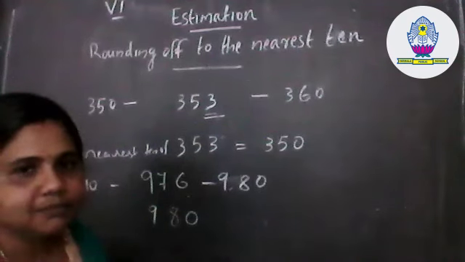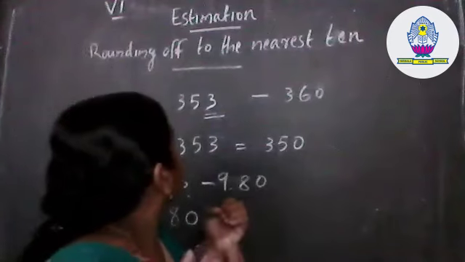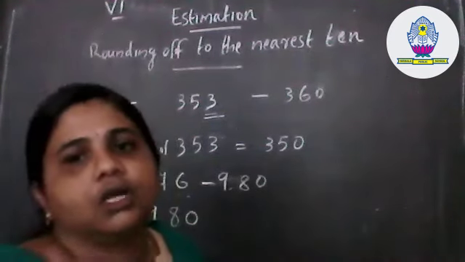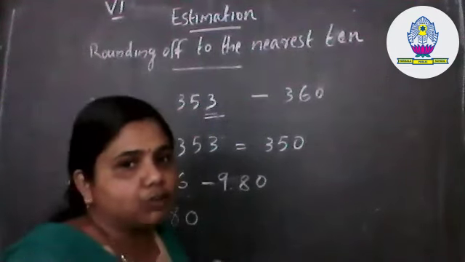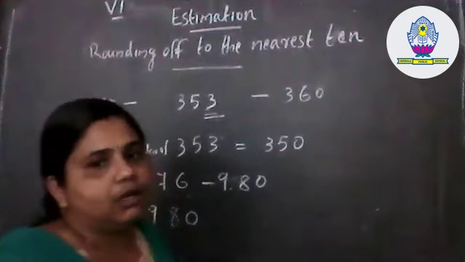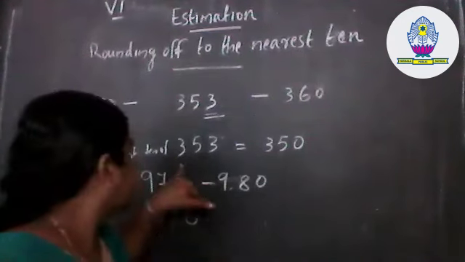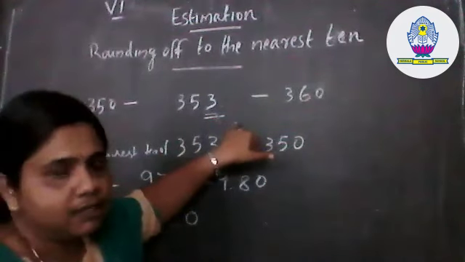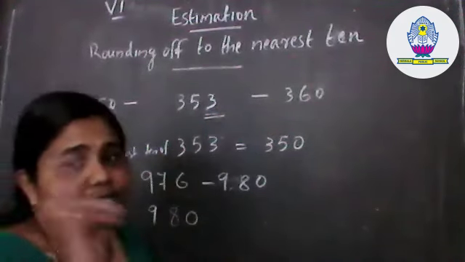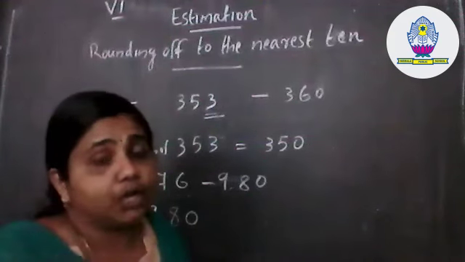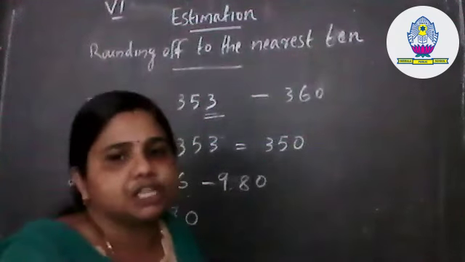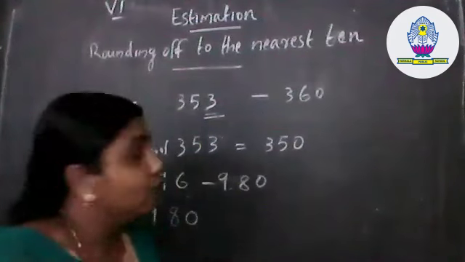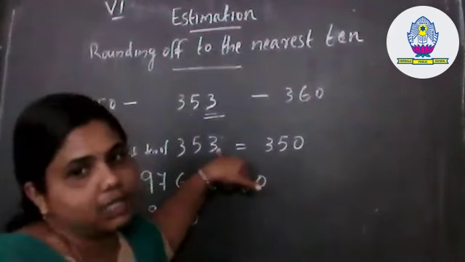Clear? How to find the nearest 10, or how to find the rounding off to the nearest 10. If we have a number, here 353 is a number, first we consider the last digit, or the digit in the ones place. നിങ്ങൾക്ക് rounding off to the nearest 10ലേക്കാണ് മാറ്റാൻ ചോദിക്കുന്നതെങ്കിൽ നിങ്ങൾ എപ്പോഴും ones place ഉള്ള നമ്പറിനെ ആയിരിക്കും ശ്രദ്ധിക്കേണ്ടത്.